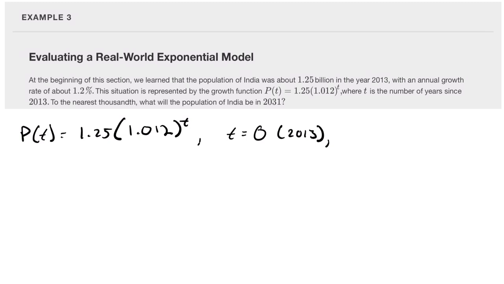We want to find out what's going to be the population in the year 2031. So if 2013 is the year 0, then how many years later is it until 2031? Looks like it's 18. So it looks like the question is asking what's going to be the population 18 years later.